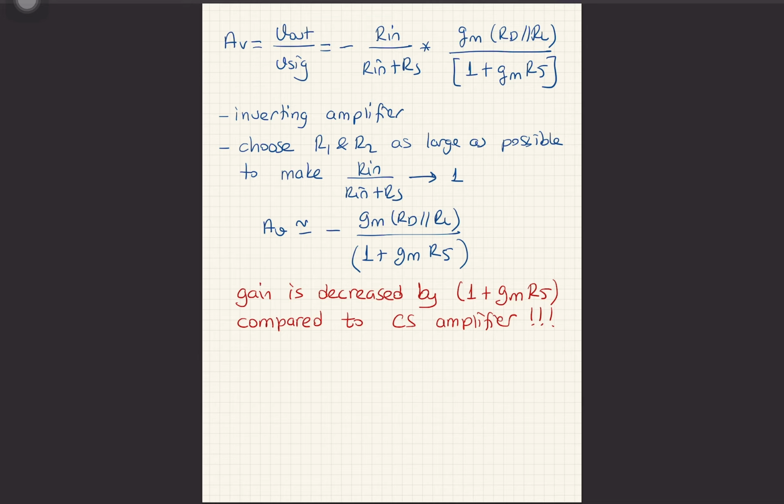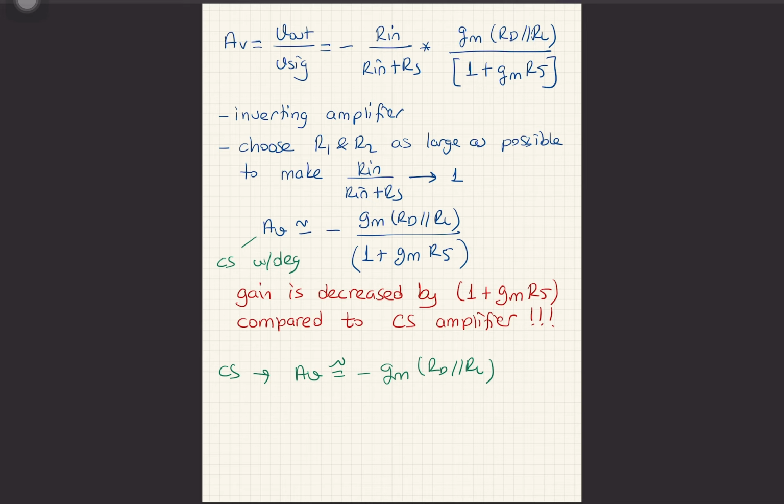So let's compare it with the gain expression of common source amplifiers. So this is for common source with degeneration. For common source amplifier, AV was minus Gm RD in parallel with RL. So what is the difference? What can be the advantage of using degeneration resistance if you are sacrificing from the gain?